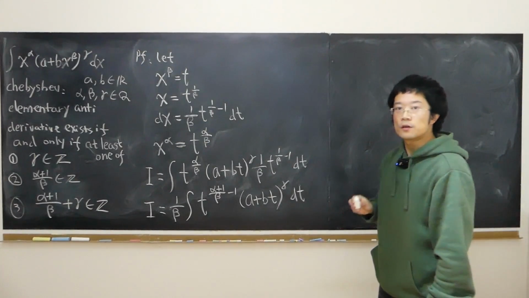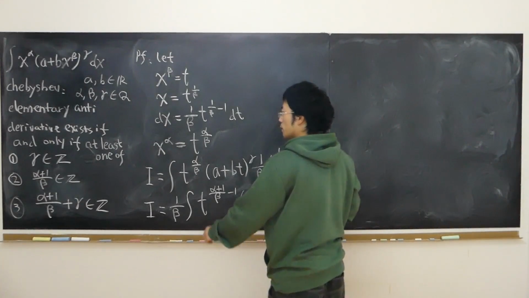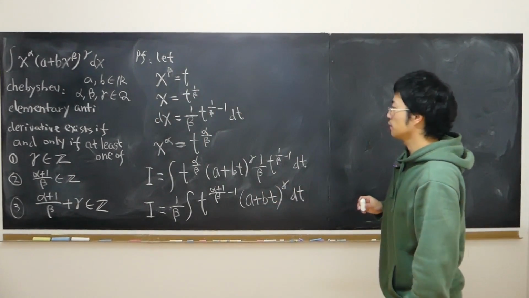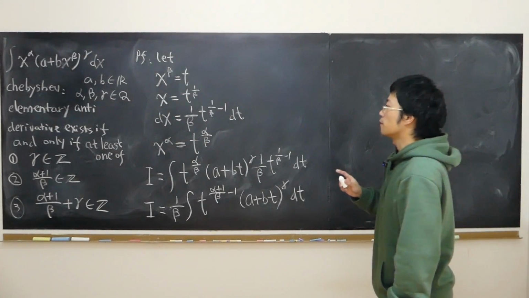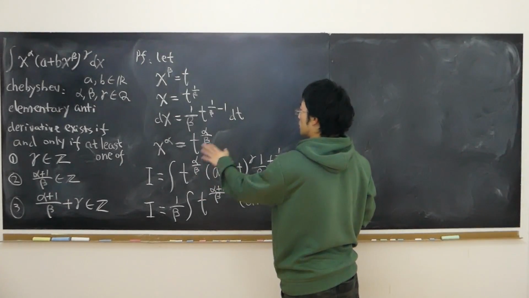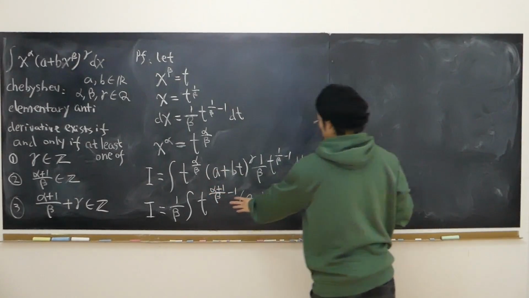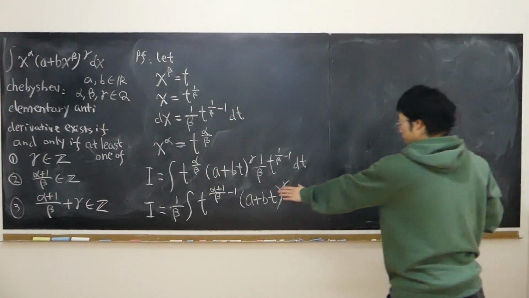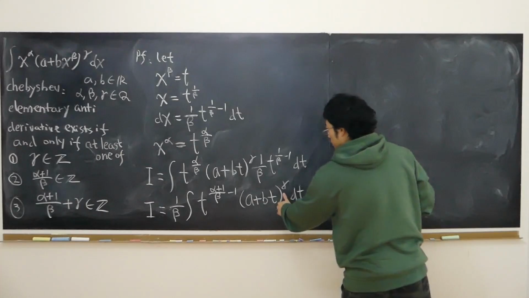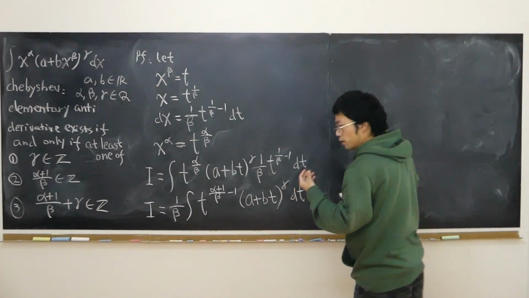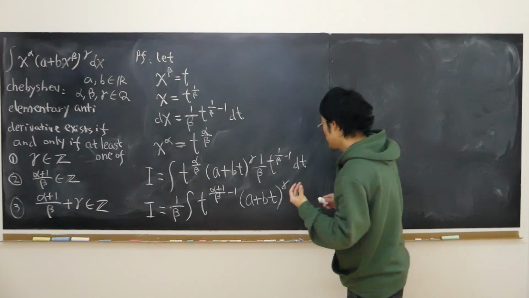So in the first case scenario, we say that if gamma is an integer, then there must be an elementary antiderivative for this type of integral. Why is that? Because gamma is an integer, it could be a positive integer, could be a negative integer, doesn't matter.